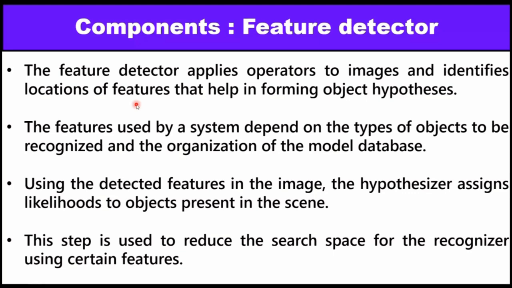For example, color. So where is the required color? That region of interest will be formed first. Already the image is segmented. So in which area that required parameter or feature is there. Based on these features, our guess, that is, the hypothesis, is formed.